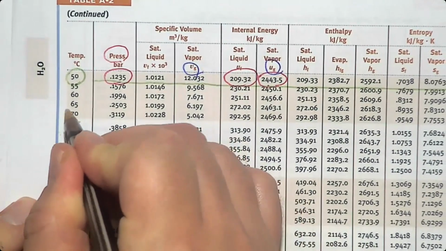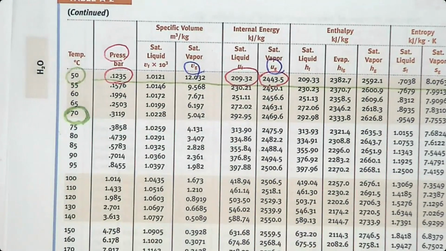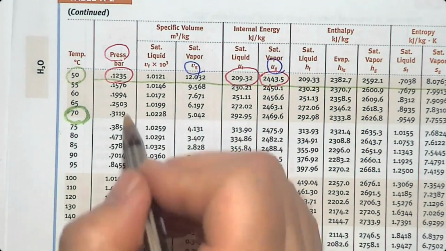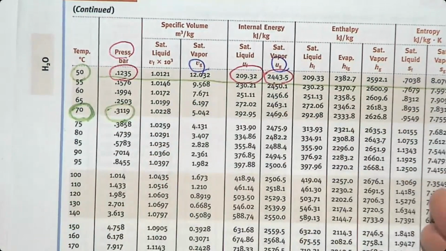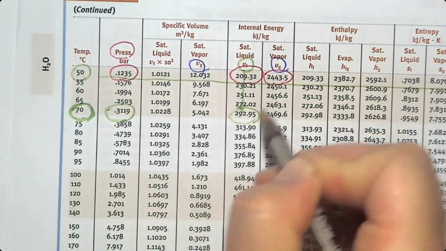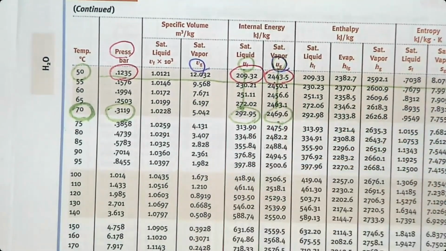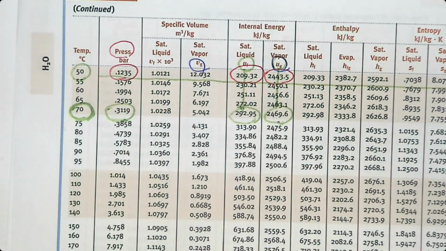So at 70 degrees Celsius, we need to determine P sat, this one, and UF, this one, UG, this one. So these 3 values. And let's look at the unit. What is the unit of this pressure? Bar.